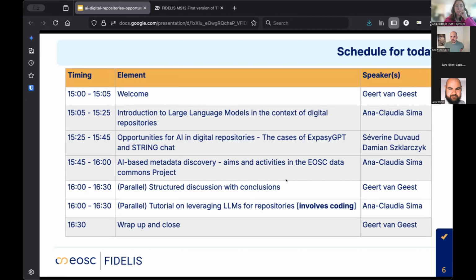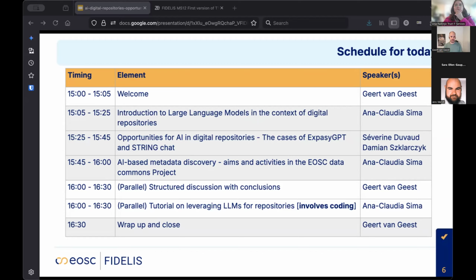Then we have a presentation by both Séverine Duvaux and Damian Claricic, if I pronounce your last name well. Apologies about that, Damian. They will present some actual use cases on how they use artificial intelligence to make their repository better and more user friendly, multi-channel, of course.